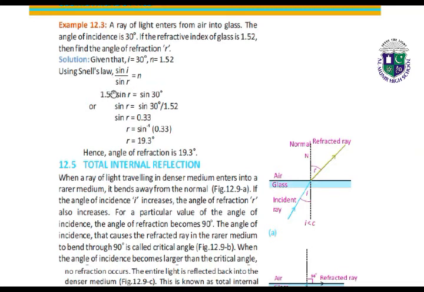By rearranging the formula, we get sin r equal to 0.33. Then we take the inverse sine of 0.33 on our calculators and we get the angle of refraction equal to 19.3 degrees.